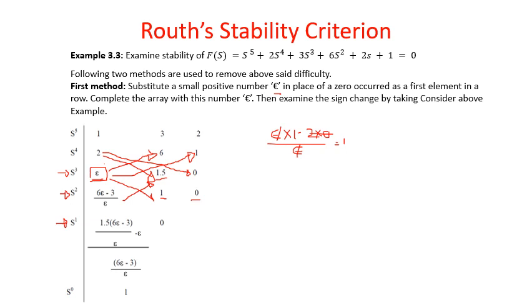Next, to fill this part, we multiply 6 epsilon minus 3 by epsilon with 0, so it will be 0. Then minus epsilon into 0 is 0. So there we came to know that it will be 0. For the next term we don't have anything, so it will be kept blank or put as a hyphen. Coming to the S0th row, to fill it, this whole term has to be multiplied by the diagonal term, that is 1.